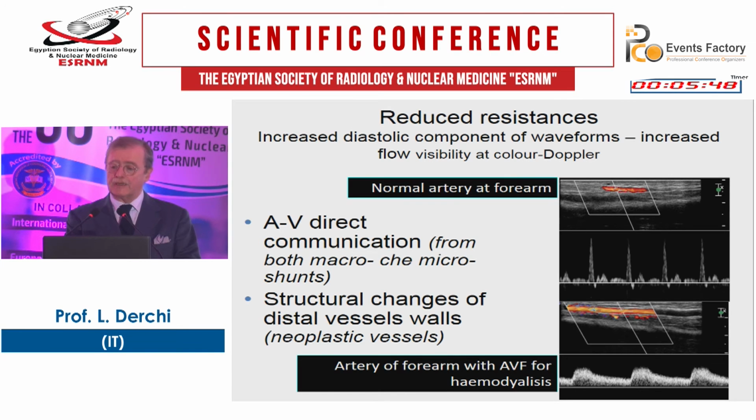You see that since there is an AV fistula, there is marked reduction of the resistances, increased velocity of flow, and decreased resistances with markedly increased end-diastolic components. These changes can sometimes also be seen in arteries which are feeding a hypervascular tumor.